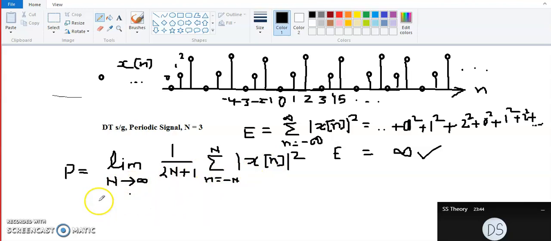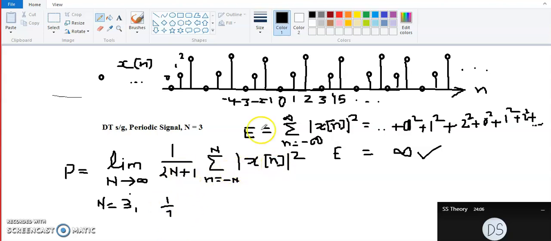If we suppose we take N to be 3, then what will be its sum? If N is 3, the number of samples is 2 times 3 plus 1, which is 7, so 1 by 7.